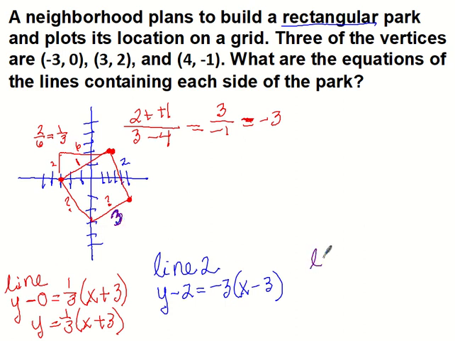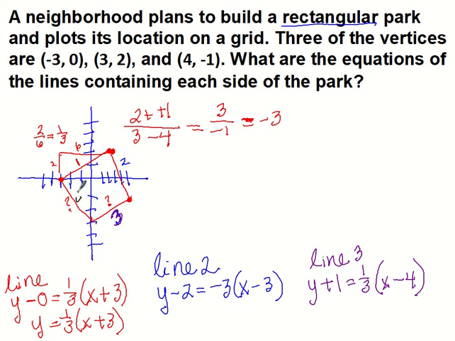So for line 3, I'm going to use the point down here, the one I know, (4, -1). And I'm going to go y plus 1 because of this, double negative, equals 1/3 (x minus 4). Nope, that was supposed to say line 3. Yeah, line 3.